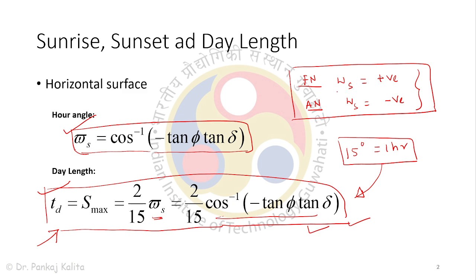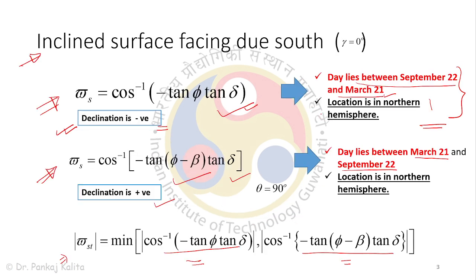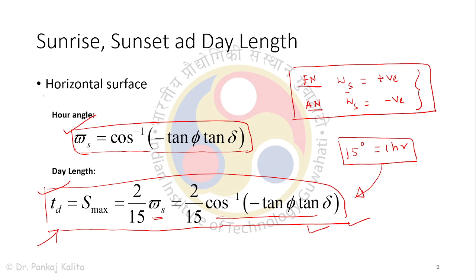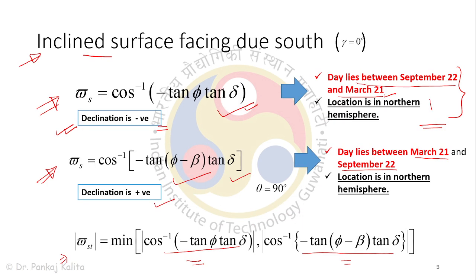Note that, as we have discussed earlier, hour angle will be positive in the forenoon and negative in the afternoon. And this was on a horizontal surface, right? In an inclined surface, we will now incorporate beta, the tilt angle, into this equation.